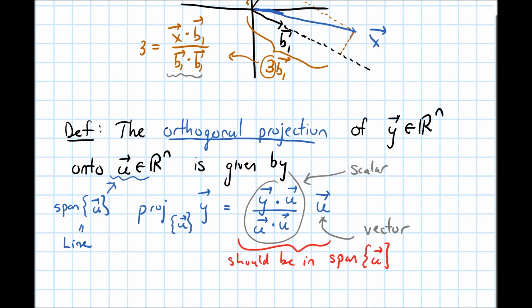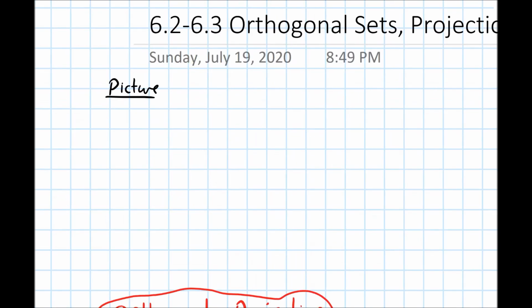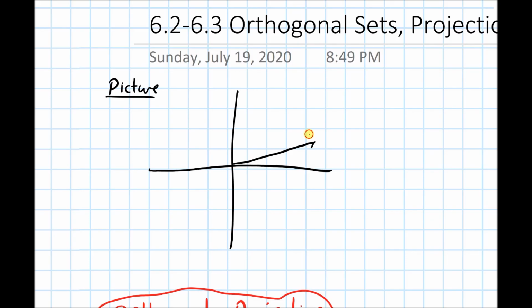All right, so let's draw a picture of this. Let's draw some axes, and let me draw a vector u, and then we'll draw a vector y. So when we project y onto u, we're projecting the tip of y perpendicularly onto u.